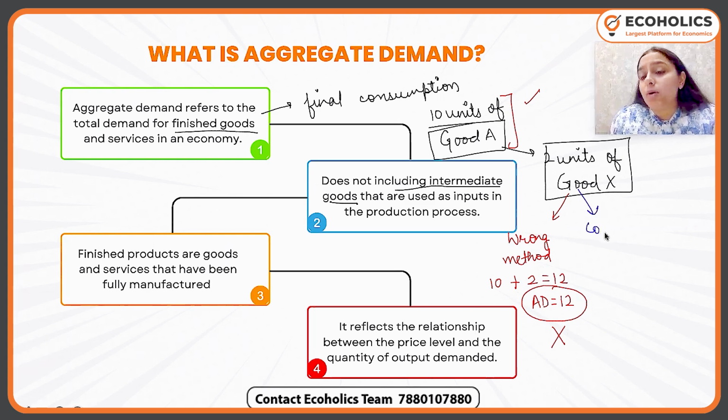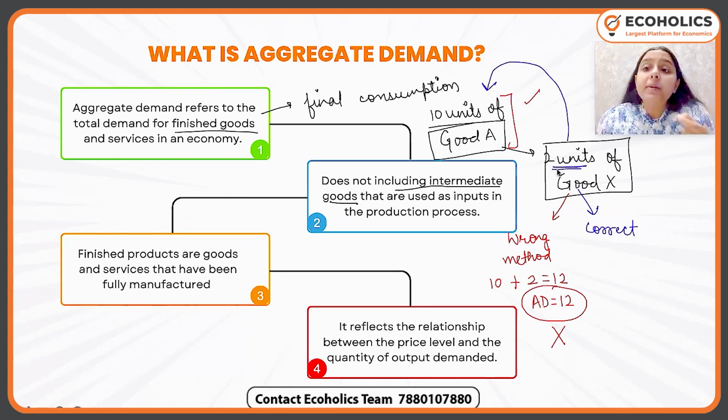It is completely wrong because these 2 units of good X are not finally consumed. These were supplied to the industry producing good A, and ultimately these 2 units have been processed and converted into the 10 units of good A. So they are already included under the 10 units. So aggregate demand here would be 10 units.